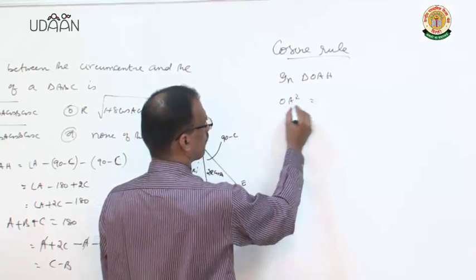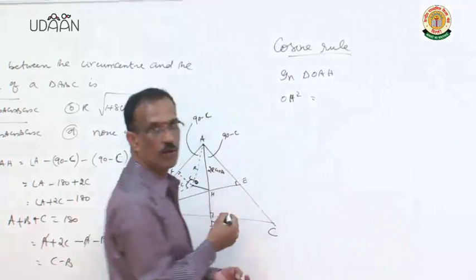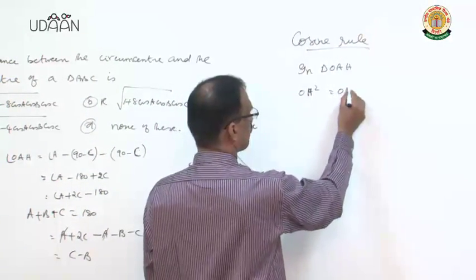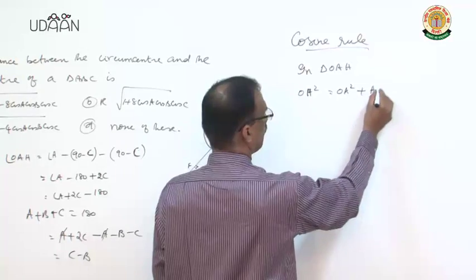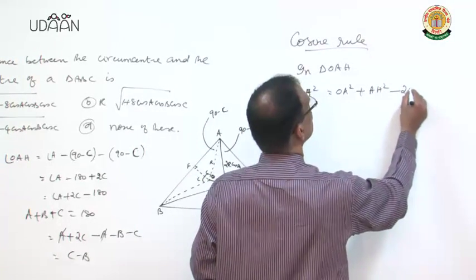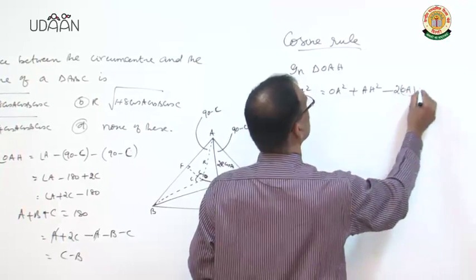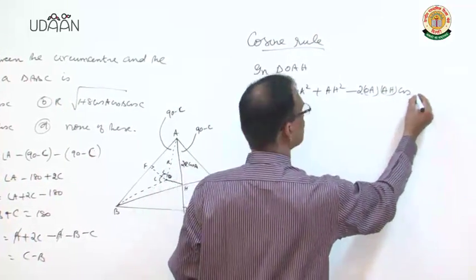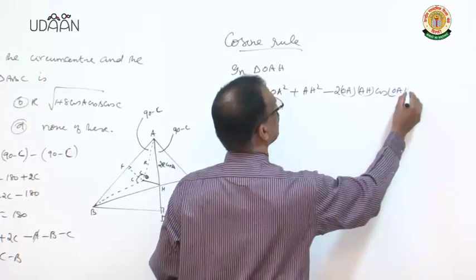So OH square is equal to OA square plus AH square minus 2 OA AH cos of angle OAH.